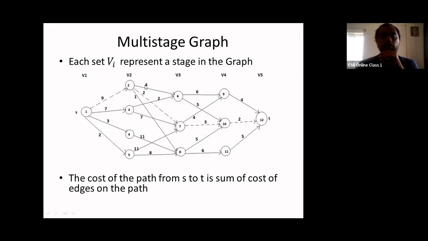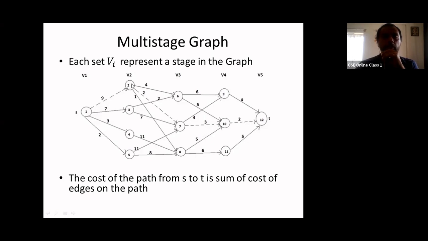Whenever we try to draw this, even if we consider it as a path from one location to another, there can be multiple paths to reach the destination. The cost of the path, for example if we take 1 to 2, 2 to 7, 7 to 10, 10 to 12, will be the sum of the edges.